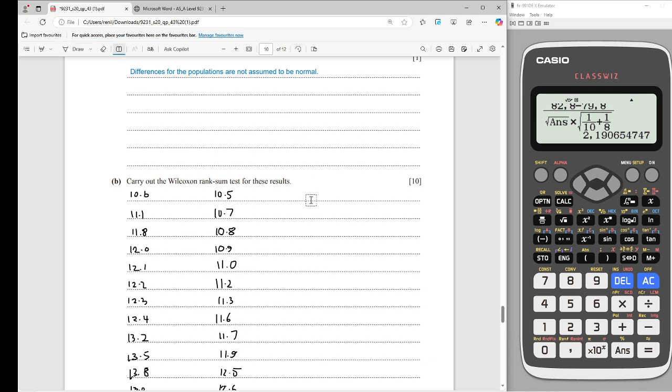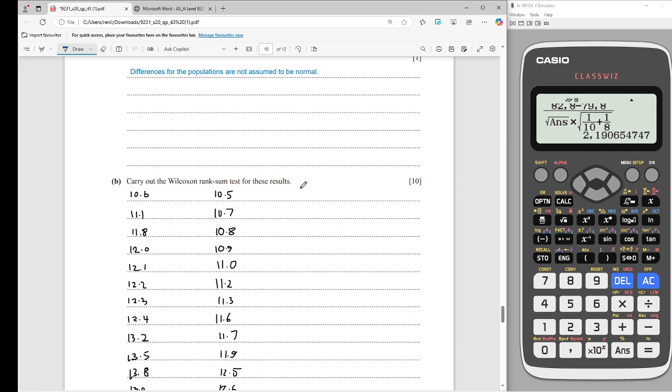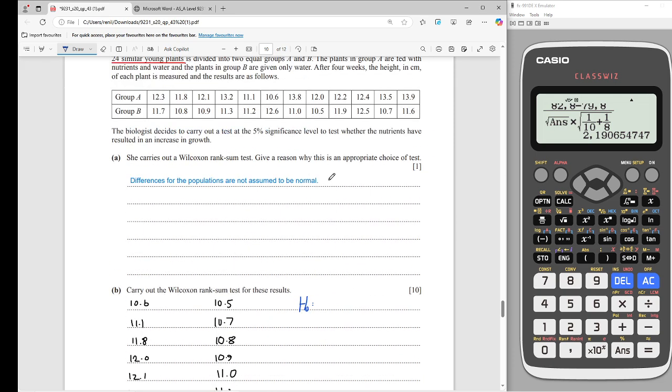Now before we do the ranking, we need to state our null and alternative hypotheses. Whenever we have the Wilcoxon rank-sum test, we always refer to medians, and I'm going to write this in letters, so MA.